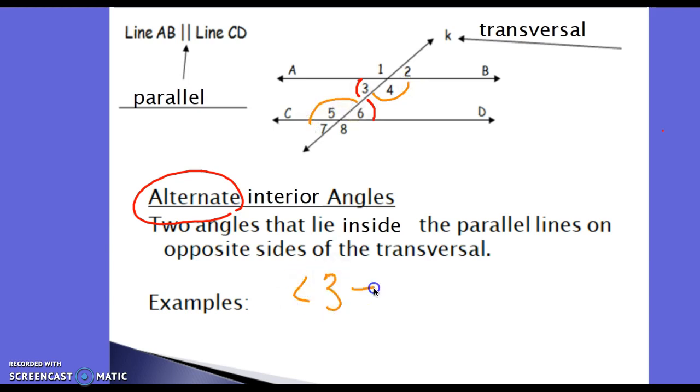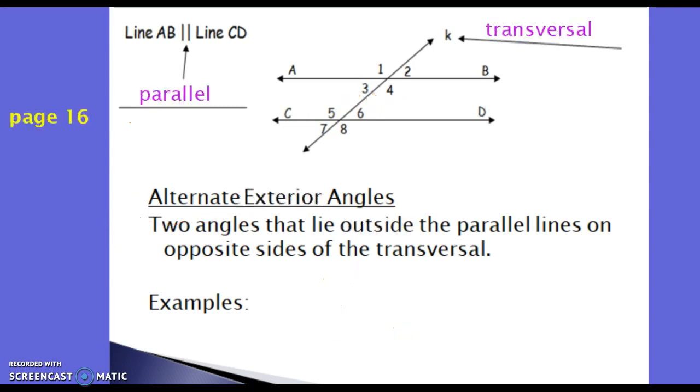So angle 3 is congruent or equal to angle 6, and angle 4 is equal to angle 5. And this will happen only if the lines are parallel. So again, alternate interior angles are angles that are formed on the inside of the parallel lines, and they're diagonally across from each other on opposite sides of the transversal.